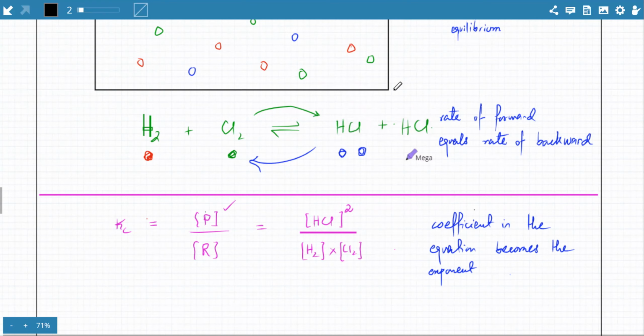So it's a product concentration, it's HCl concentration. The other product is also HCl, so HCl concentration divided by the reactant concentration, which is Cl2, and the other one is H2. So HCl comes twice in your products. So it's HCl concentration times HCl concentration divided by Cl2 concentration times H2 concentration. So that's your expression, which is why the coefficient becomes the power.